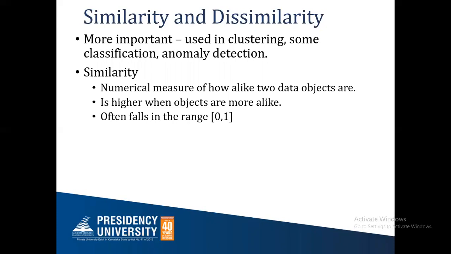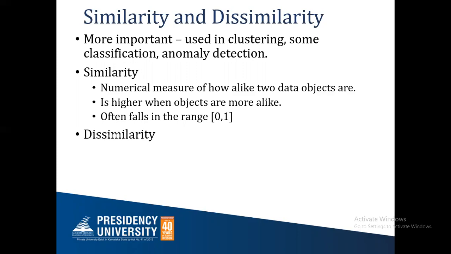Usually this similarity measure is between the values of 0 to 1 inclusive. Minimum will be 0 and maximum is 1. And in between, based on the similarities and the features which are alike, the similarity measure is a particular number between 0 and 1.